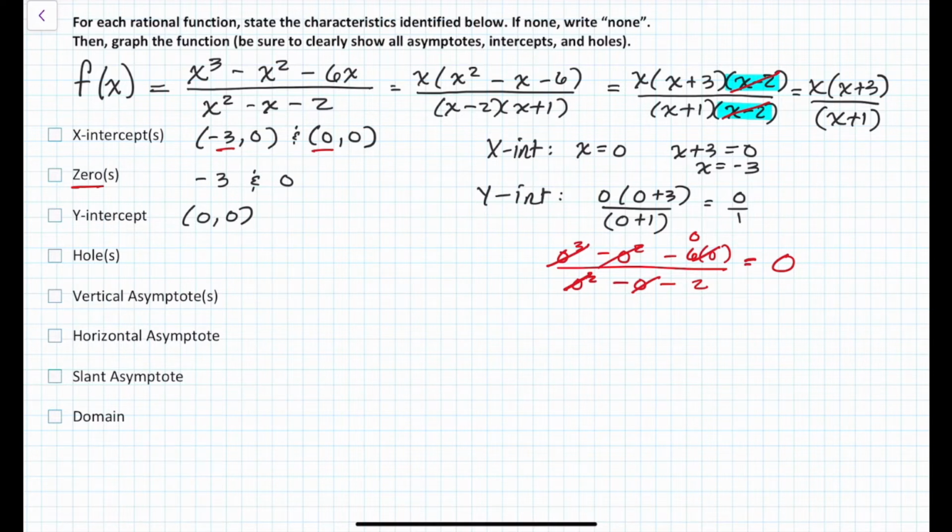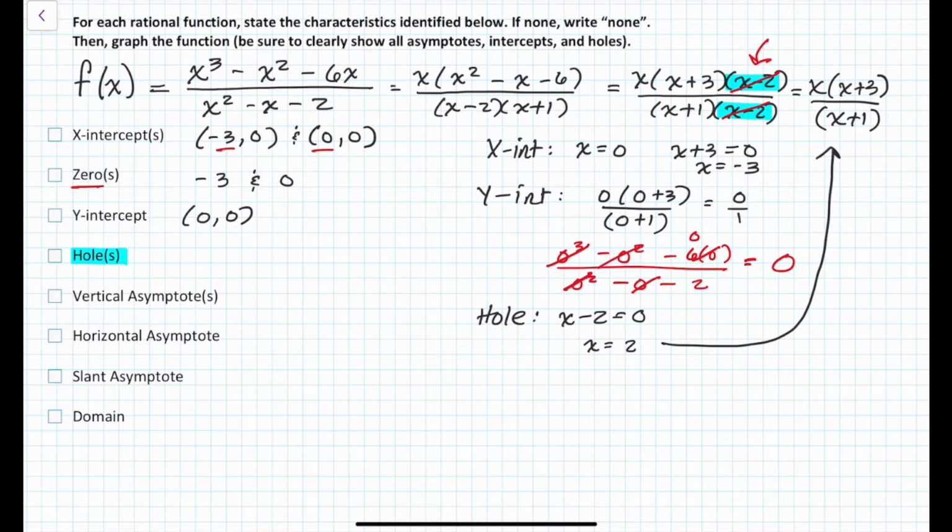And now let's go ahead and write the coordinate point for the hole. So recall the hole happened when we crossed out that common factor of x minus 2. So we set x minus 2 equal to 0. And of course that's x equals 2.